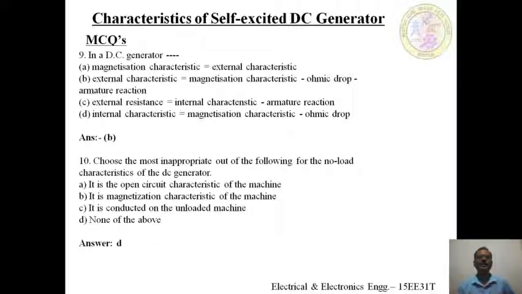The answer is B, because the external characteristic we can obtain from the magnetization characteristic, that is from the OCC. Subtracting the armature reaction drop from E0, we get E. Subtracting from E the voltage drop due to ohmic drop, we get V. That is the external characteristic. Okay.